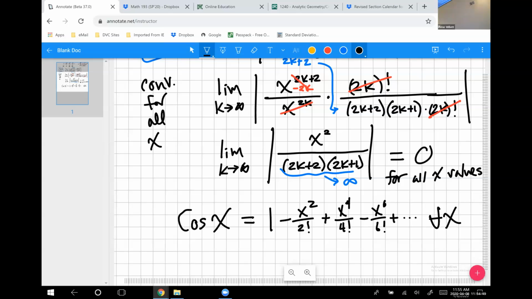But this converges for all values of x. So it doesn't matter what you plug in for x. This series is going to converge, and it's going to settle on a value of cosine of that number. This polynomial is a periodic function with a period of 2 pi.